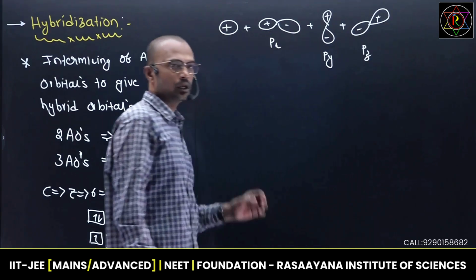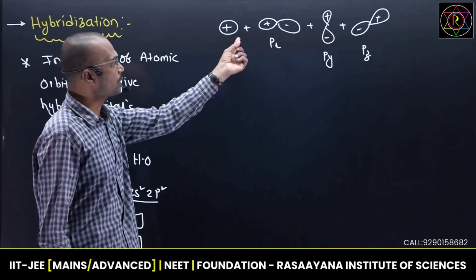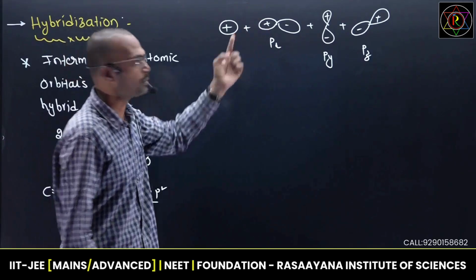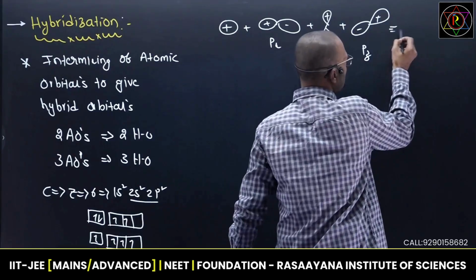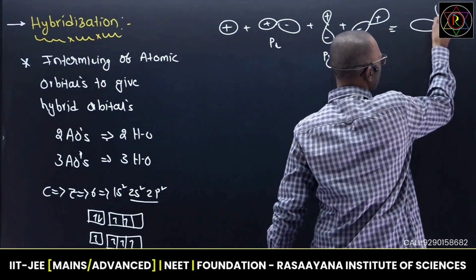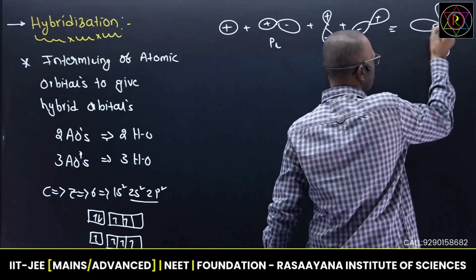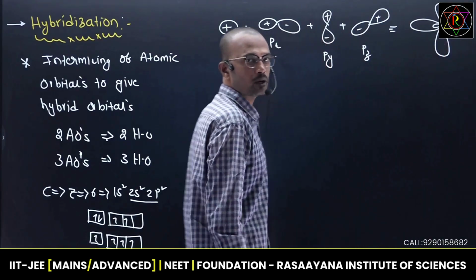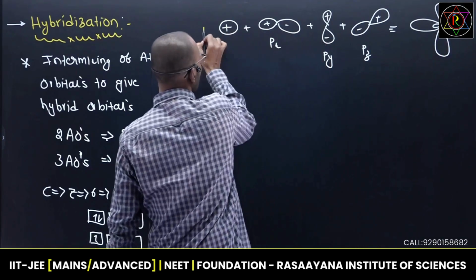So now a total of 4 atomic orbitals are ready to intermix for carbon, and whenever they combine together, they undergo hybridization. If these four atomic orbitals combine, then you will get 4 hybrid orbitals like this: 1, 2, 3, and 4.